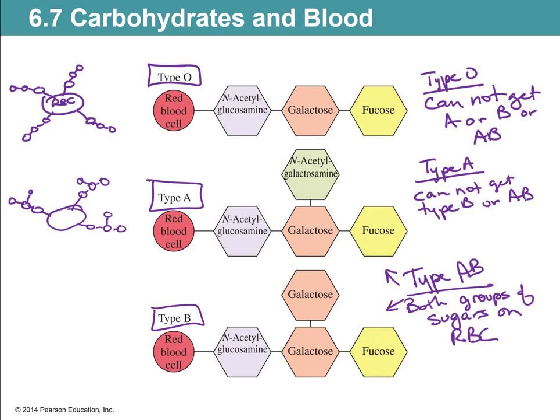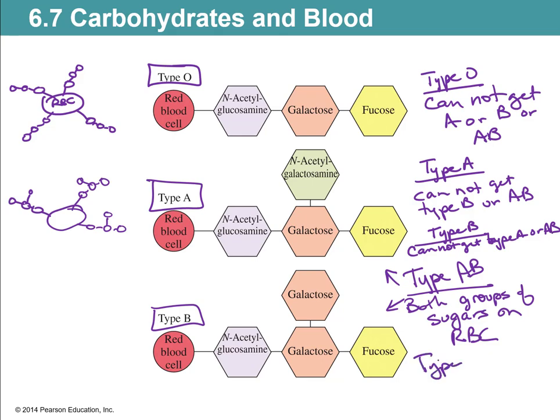What if you're type B? You can't get anything with what? A. So B cannot be transfused with type A or AB because it's got that weird N-acetyl galactosamine, the light yellow one. That wouldn't match. What if you're type AB? What can you get?